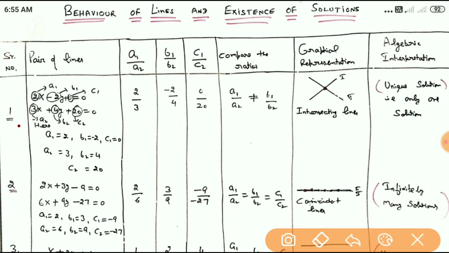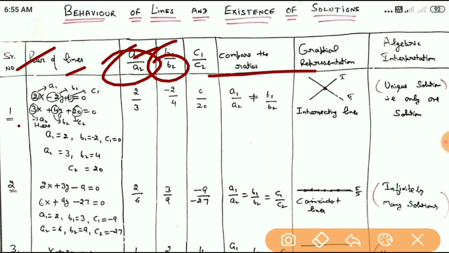In this table, the first column is the serial number 1, 2, 3. There are 3 cases. The second is the pair of lines; you are given 2 lines. The next columns are A1 by A2, B1 by B2 and C1 by C2. The next is comparing the ratios, that is, whether 2 are equal, or all 3 are equal, or 2 are equal and not equal to the third one.